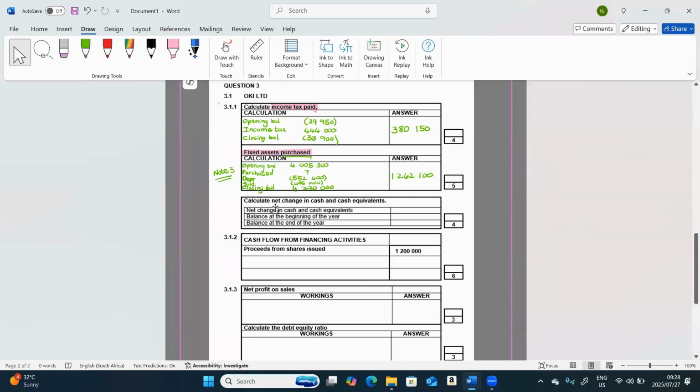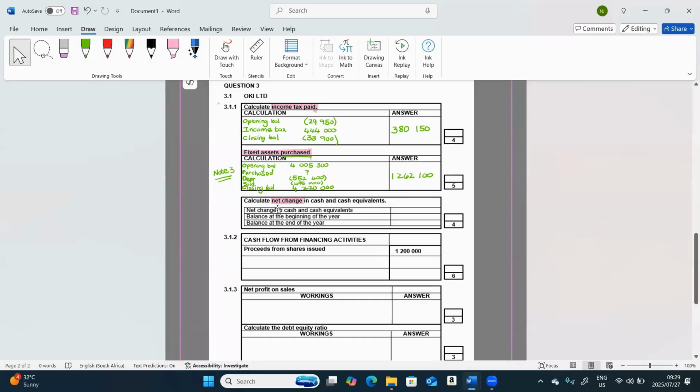All right, then the next question is to calculate the net change in cash and cash equivalents. Guys, now the net change in cash and cash equivalents is just the difference between your balance at the beginning of the year and the balance at the end of the year. So you can see that the format over here was given to you. But once again, they don't have to give you this format, right?